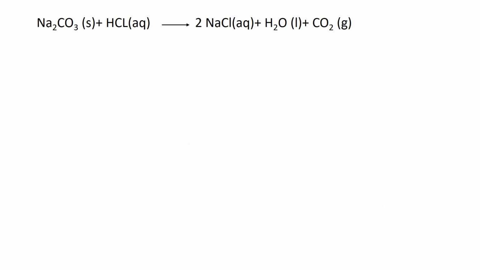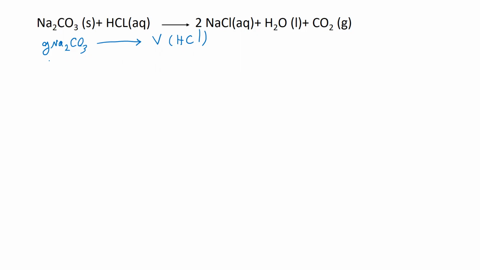To summarize what we are expected to find, I have grams of Na2CO3, and what I want to find is the volume of HCl. When I have grams of Na2CO3 and I want to find the volume of a different substance, the only way we can link two different substances is through their number of moles.